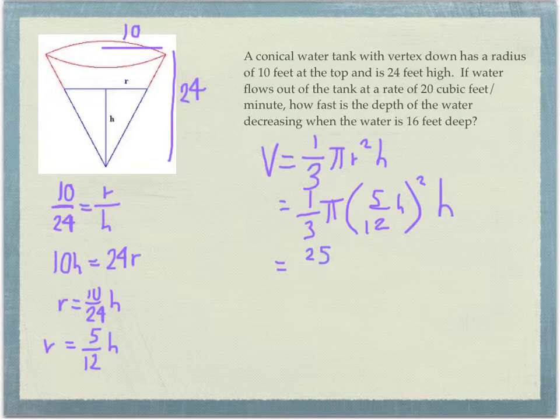I'm going to still have that pi up there in the numerator. And I'm going to actually have h squared times h, which will give me h to the 3rd power. Meanwhile, in the denominator, 12 is going to be squared, so 12 times 12 is 144. 144 times 3 is 432. So look at that bugger.